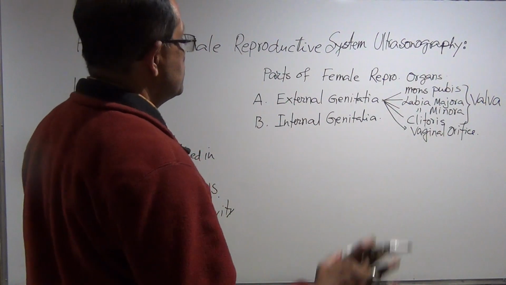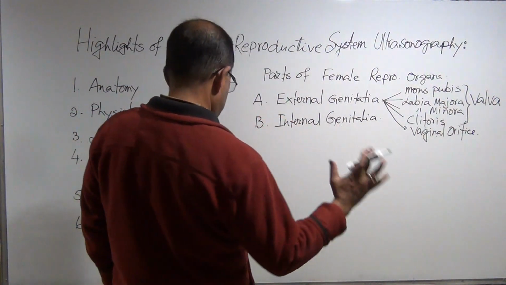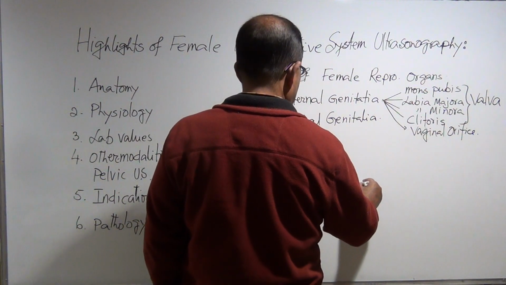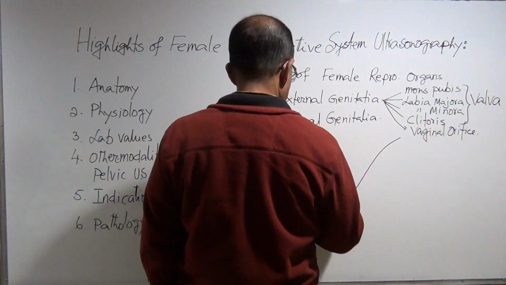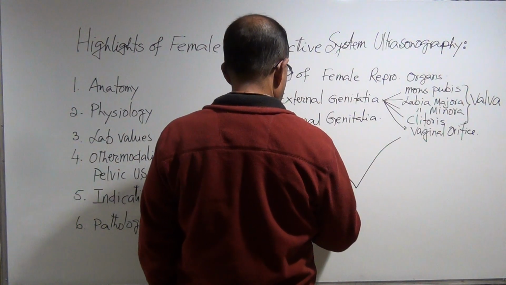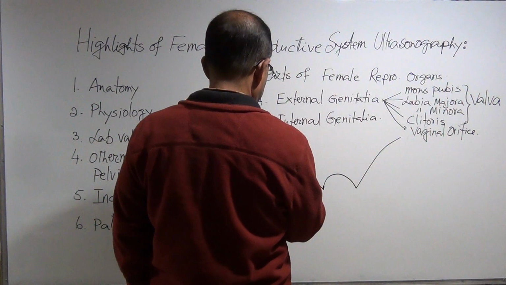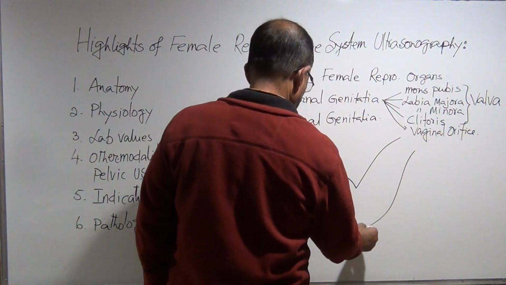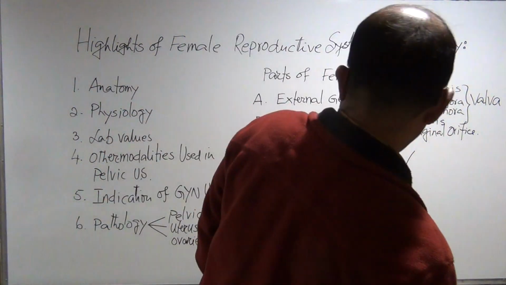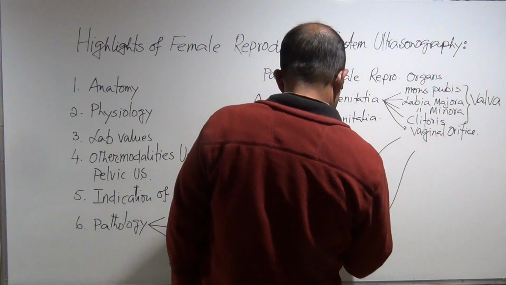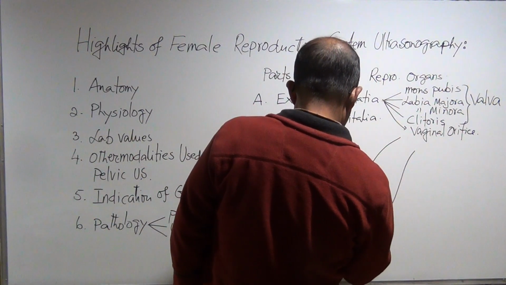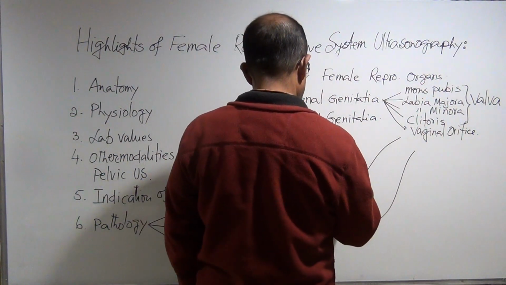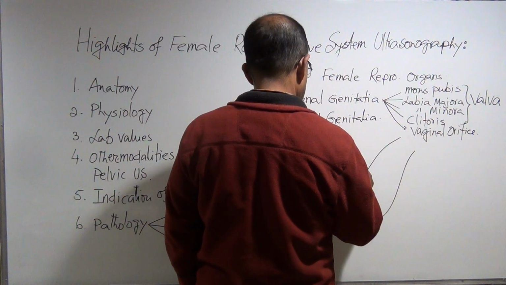Now if I draw the diagram of the external genitalia, it looks like this.